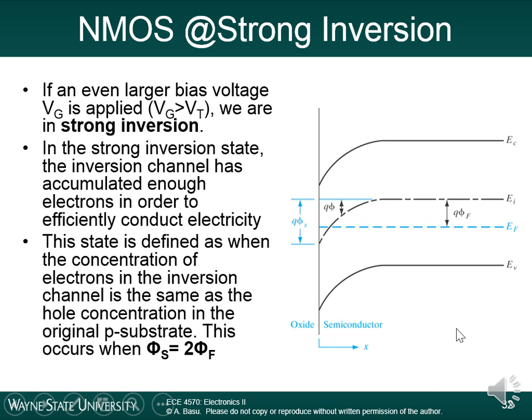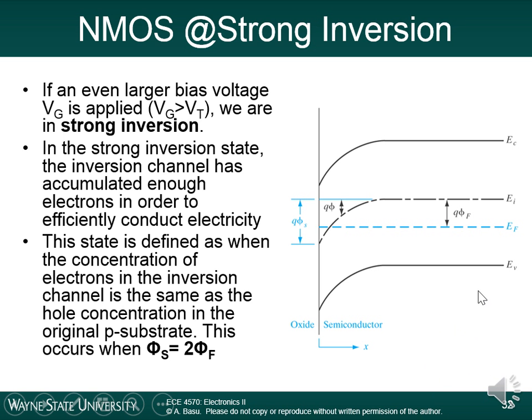They use phi s here in this figure. This does not refer to the semiconductor work function. Okay, let's assume that phi s is the semiconductor work function. This distance here is equal to 2 phi f. This is the amount of bending that you need. Don't get this confused with the semiconductor work function. In fact, if you want to call this something else rather than phi s, I would suggest doing that.